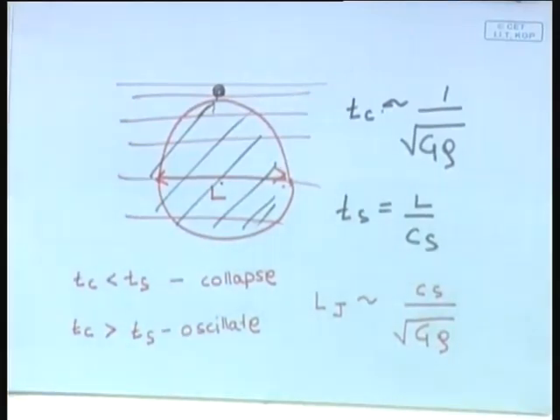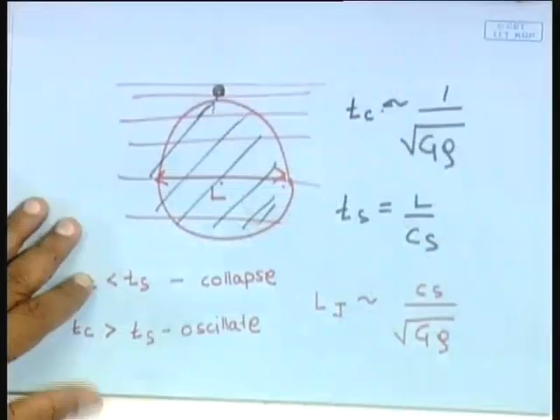So there are essentially two competing processes. One is the process for gravitational collapse, which does not depend on the length scale, it only depends on the density of the object. And the other one is the pressure gradient, the information that the pressure gradient has to act across that length scale L has to propagate that length scale.